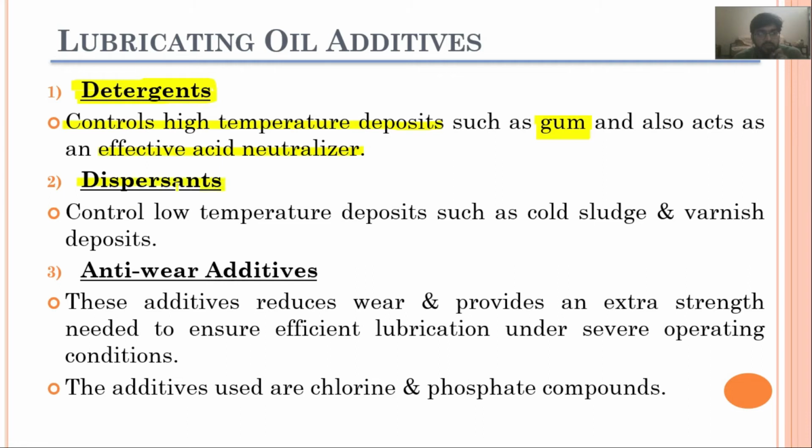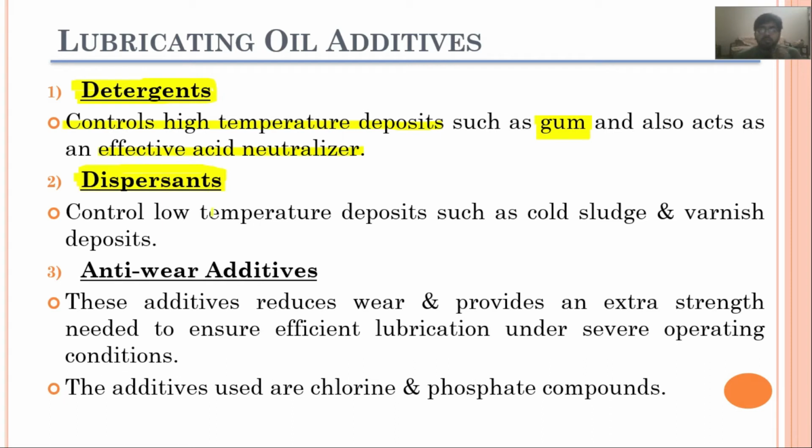So next additives are dispersants. When we go to temperatures which are quite low, since this base oil consists of many components, some of the components like the wax component will start solidifying, it will start forming a cold sludge.